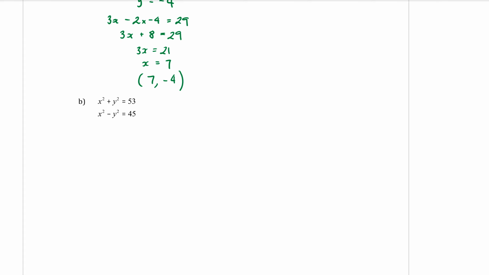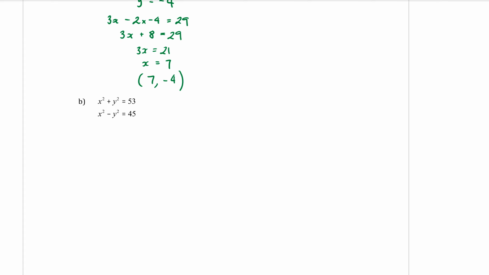Okay, so to solve this equation, to be honest, doing elimination method with squares in there doesn't happen very often because it's very rare that you can actually get the things the same. This is just a really special one here.